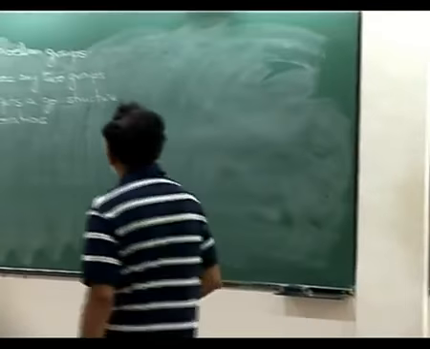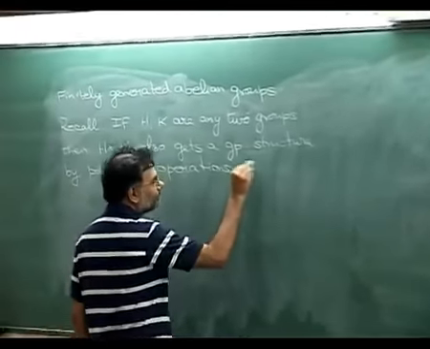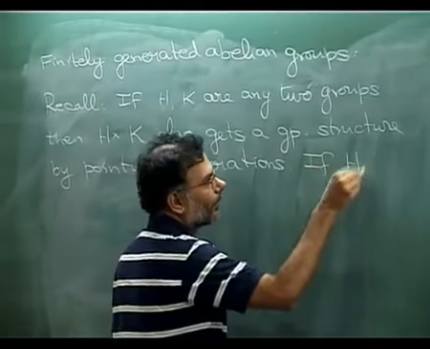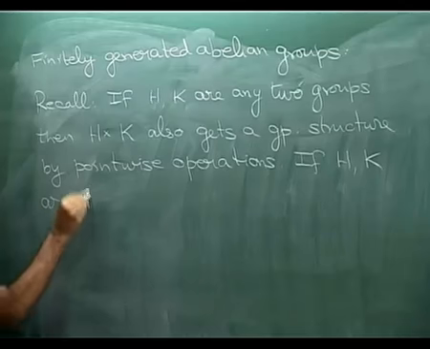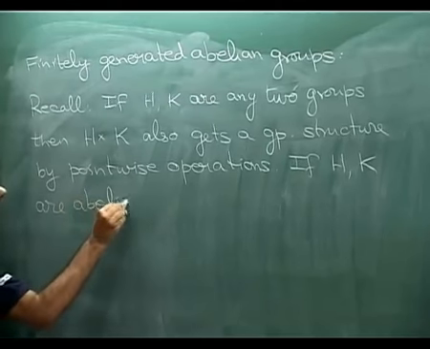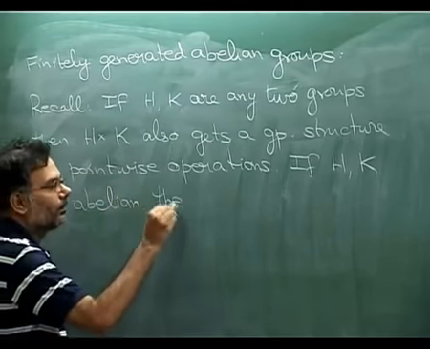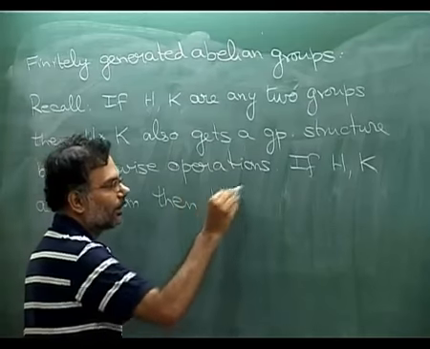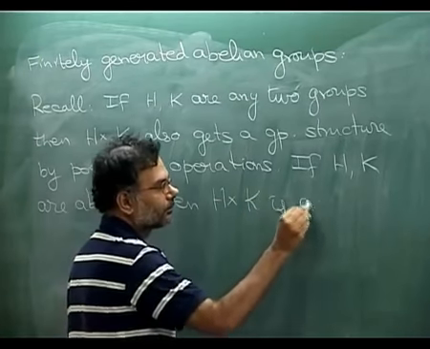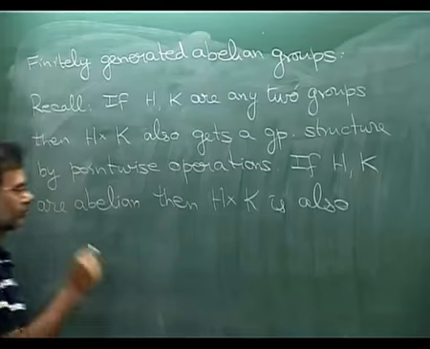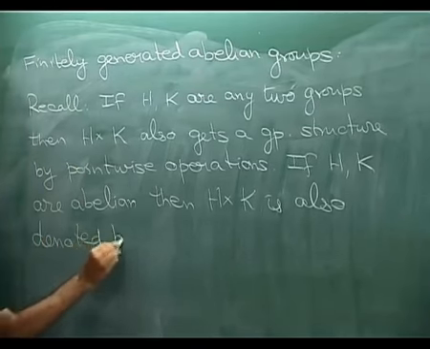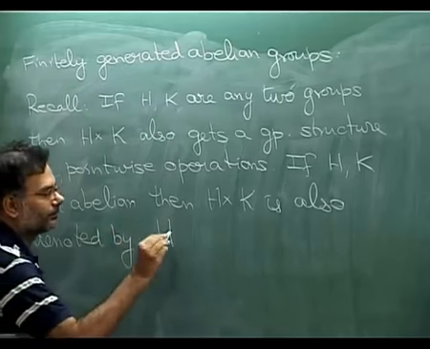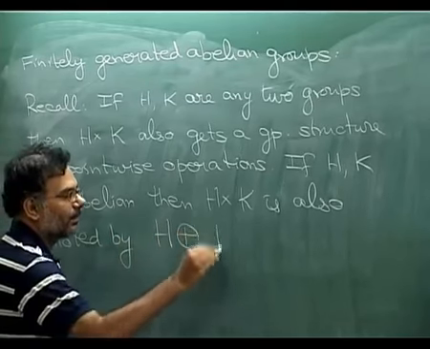Now, if H and K are abelian, then H cross K is sometimes also denoted by H direct sum K. This is just a different notation.